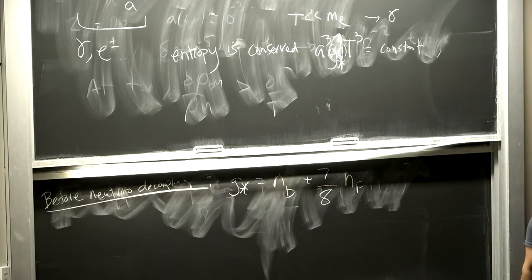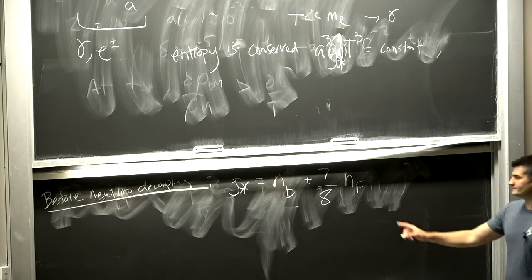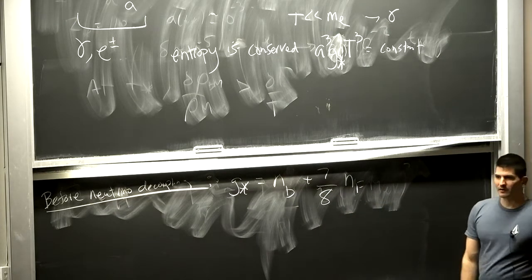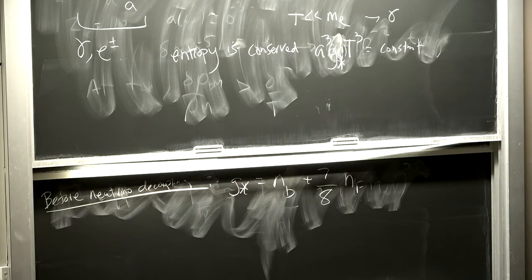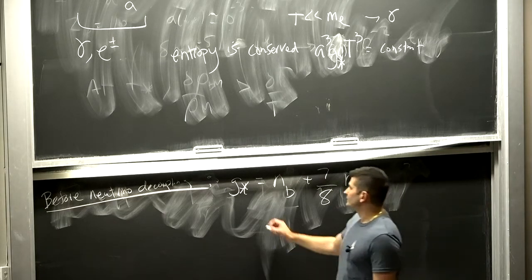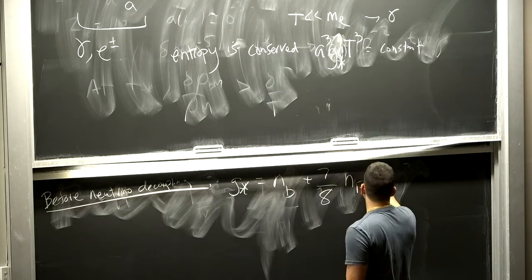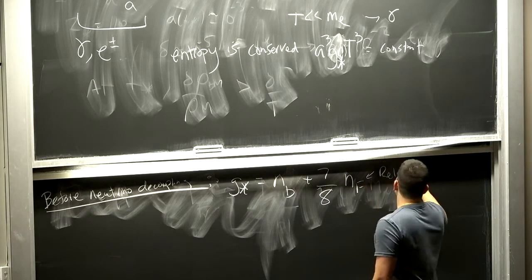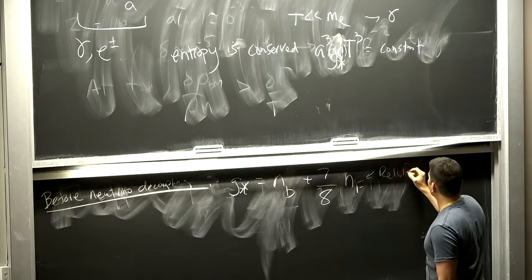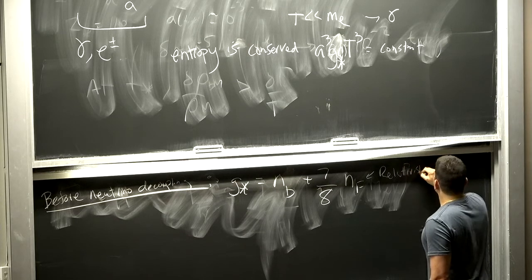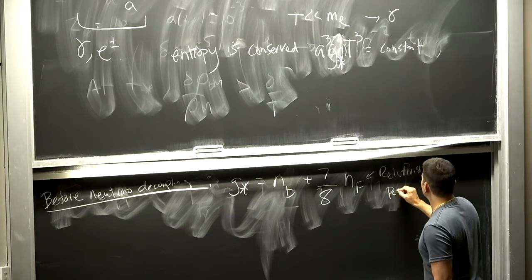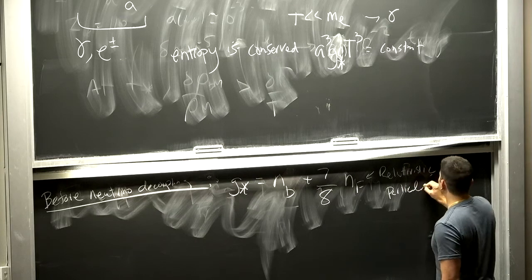This is the g star of a gas of relativistic particles made of fermions and bosons. I'm just going to count the relativistic ones.